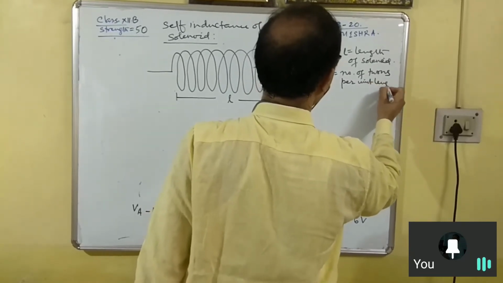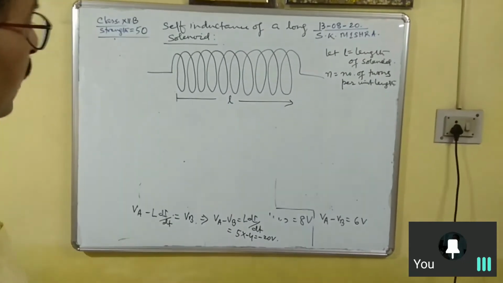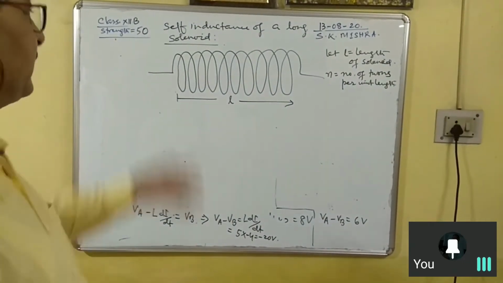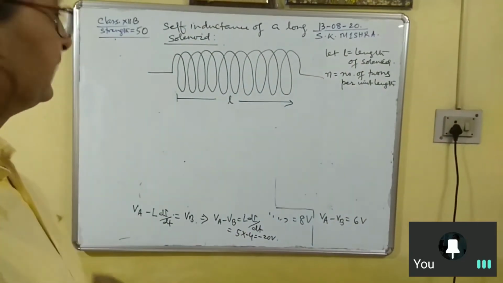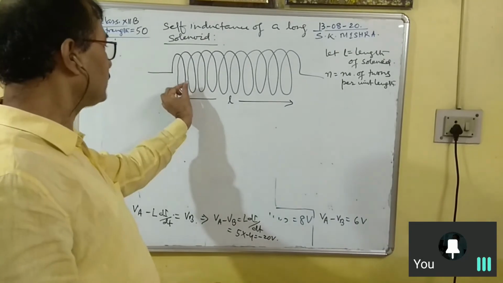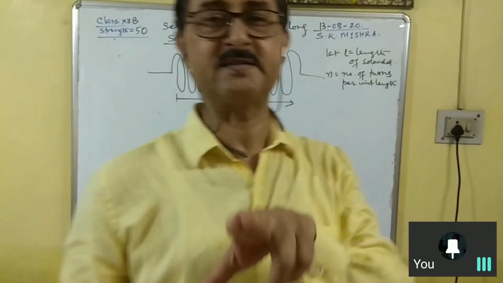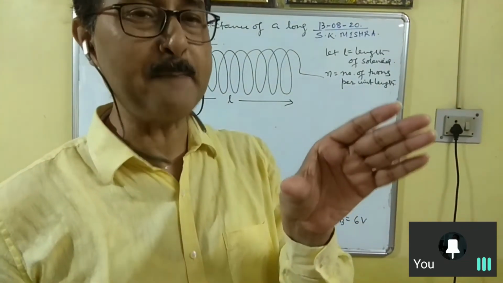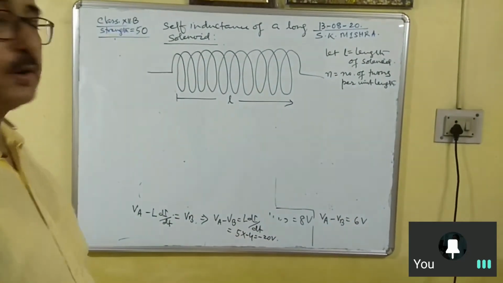So a solenoid is nothing but a collection of so many turns of conducting material like copper. Insulated copper wire is used, and the turns should be in close contact, I mean there should not be any gap between two turns. So they are densely packed. So this is the structure of a solenoid.